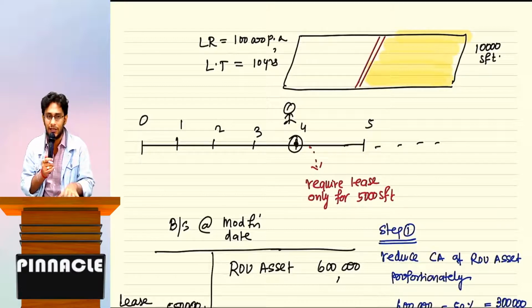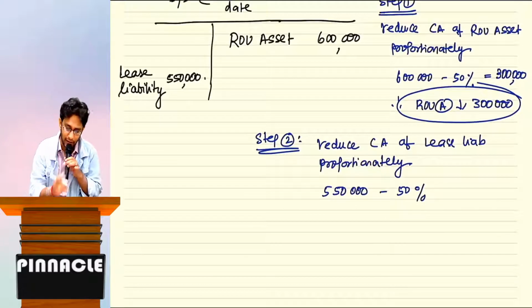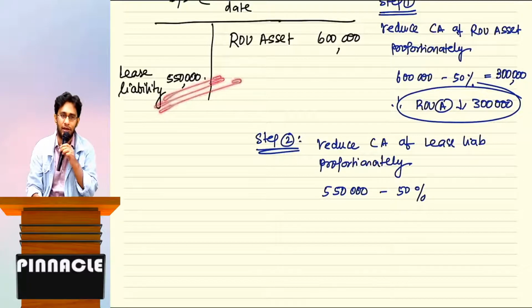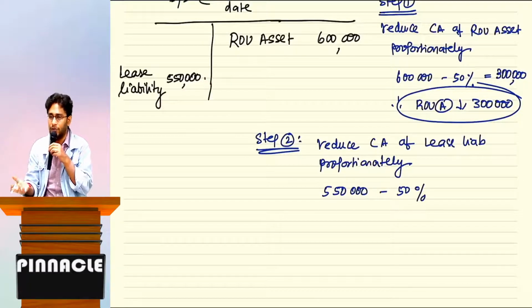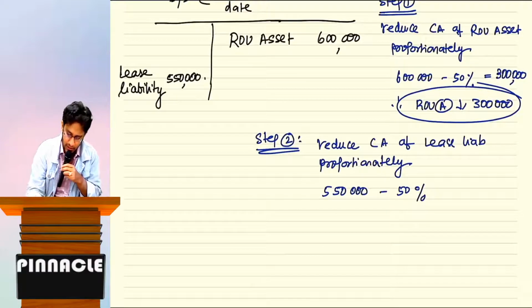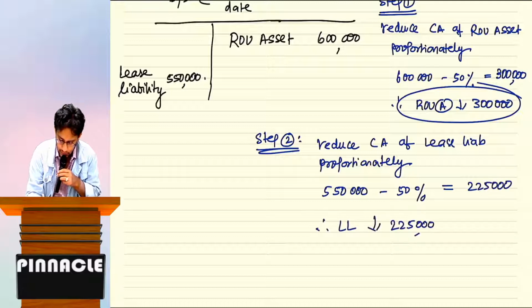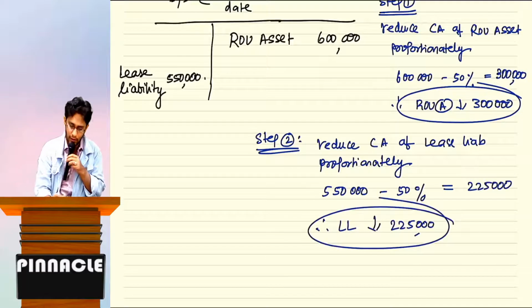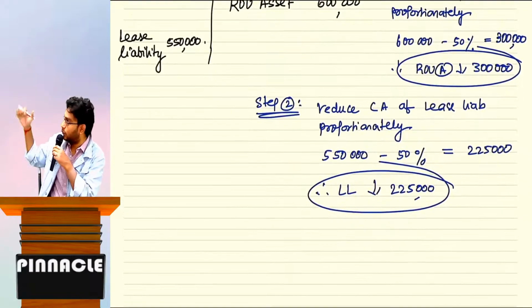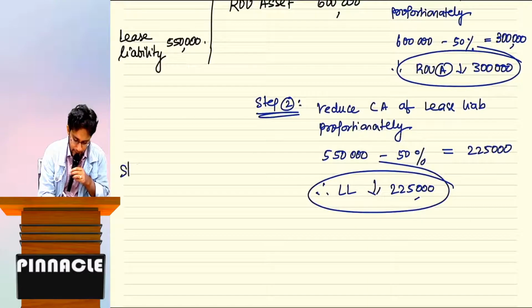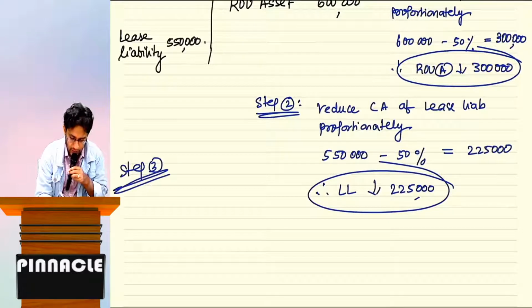Had I accounted like that from the very beginning, today in my books, why would 5,50,000 be there? It would be only 2,25,000. So I am directly doing it. 5,50,000 minus 50%, 2,25,000. Therefore, lease liability reduced by 2,25,000.